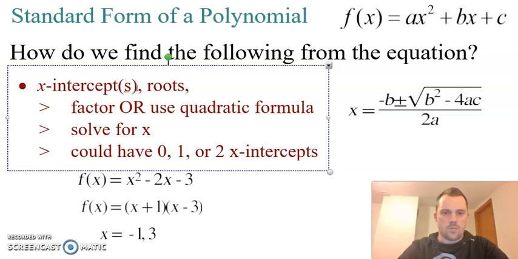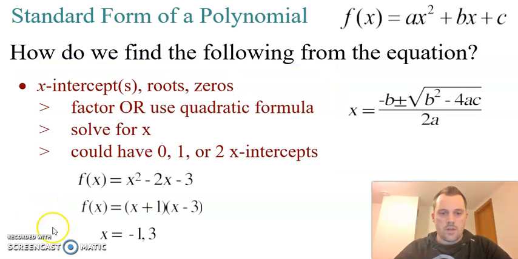Roots, x-intercepts, or we can also call them zeros. So we get these two numbers. Again, we could have 0, 1, or 2 answers for our x-intercepts. And if we can't factor, we can always just go to quadratic formula. So we just take our a, b, and c value, plug it in, and evaluate what those numbers are.